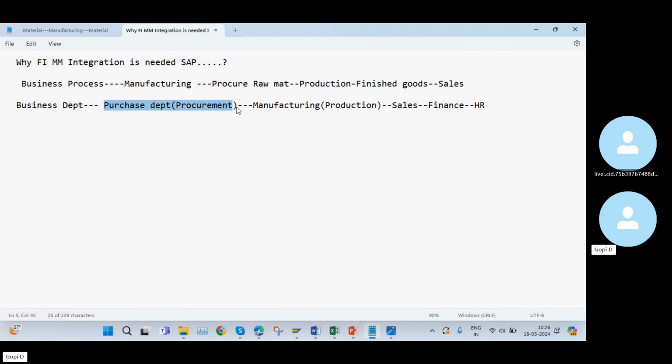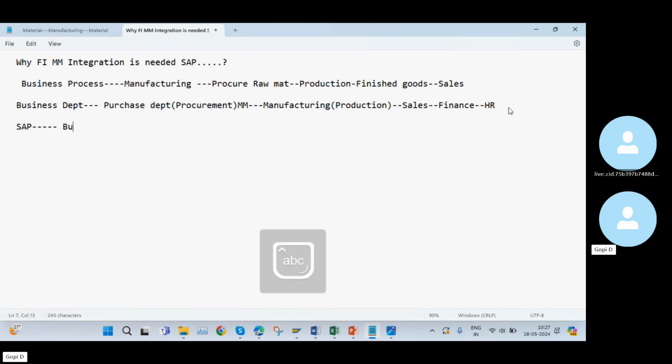So especially while we are procuring the raw materials from the supplier or from the vendors, the procurement and all the complete things are taken care of in SAP. The module is the MM module, the Material Management module. Again, I told you, while we are working with the SAP environment, we basically have two major types of teams: one is the business team and another one is the SAP team.